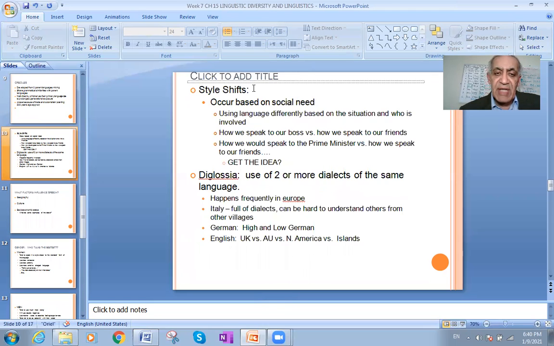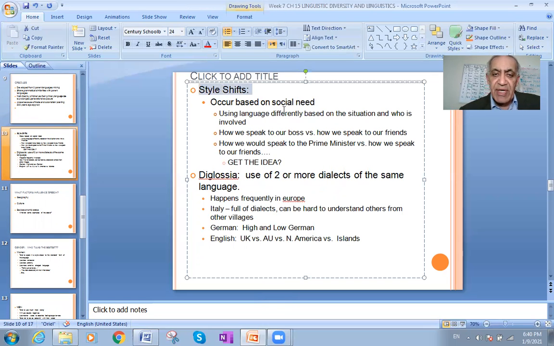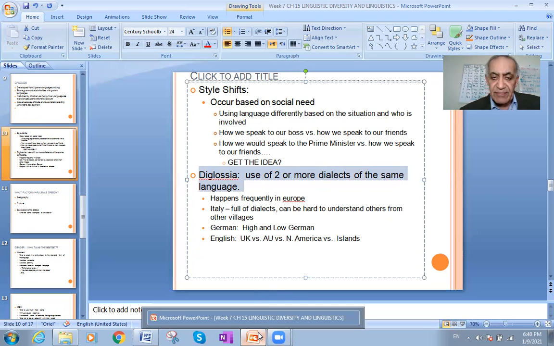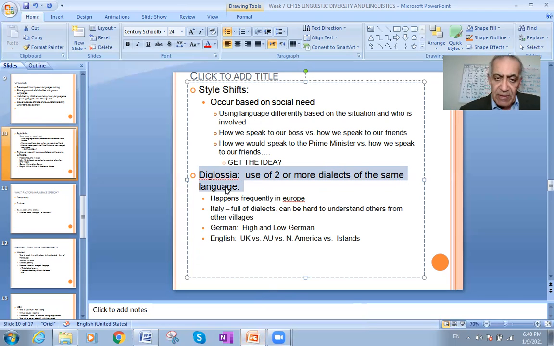Those are styles also. Shifts occur based on social needs, and we have diglossia, using two or more dialects of the same language. This happens frequently in Europe, in Italy, because Italy is full of dialects, and it can be hard to understand people from other villages.